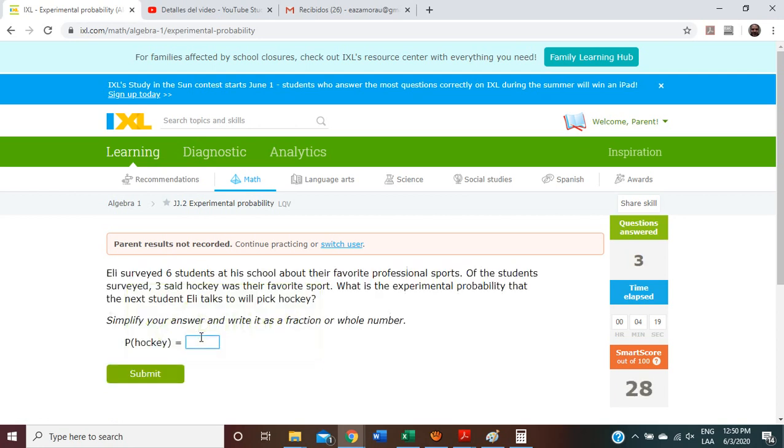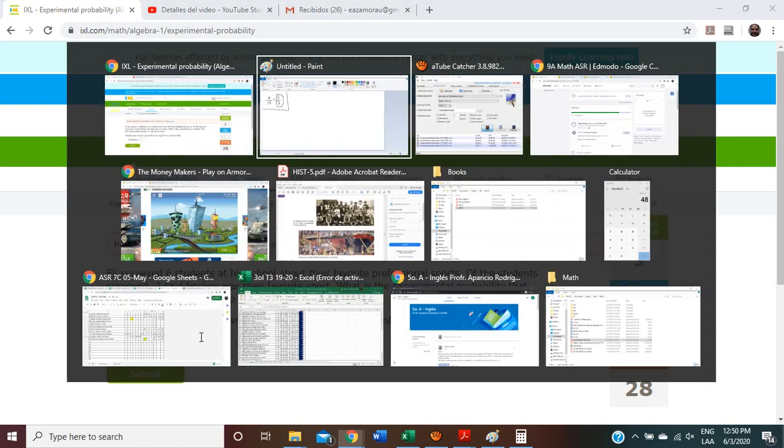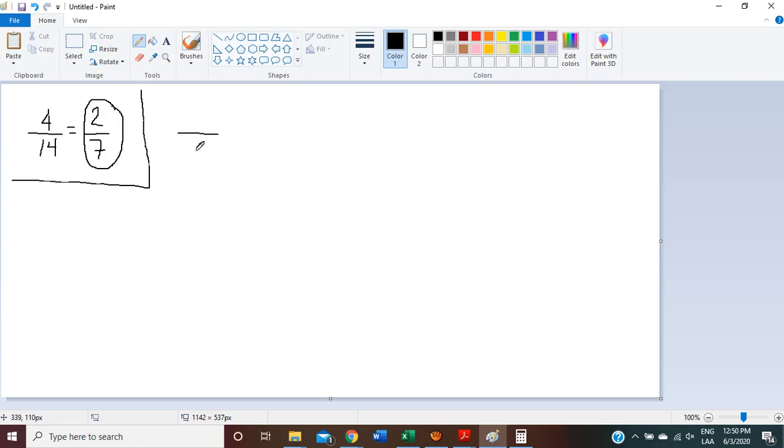Okay. Eli surveyed six students at his school about their favorite professional sport. Of the students surveyed, 3 said hockey was their favorite sport. What is the experimental probability that the next student Eli talks to will pick hockey? So Eli surveyed a total of 6 students, and 3 of them said that hockey was their favorite sport.